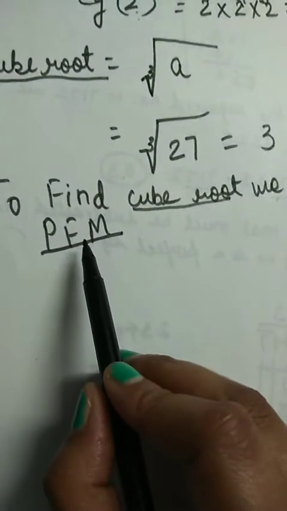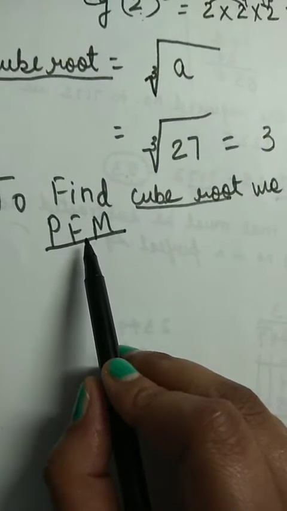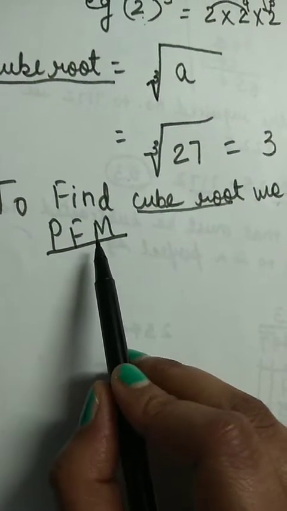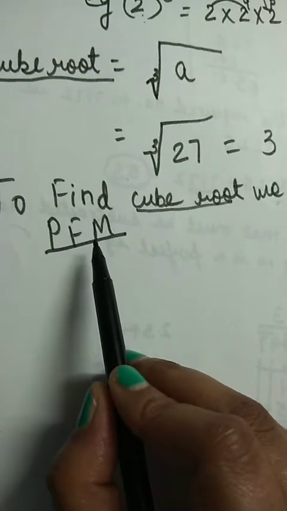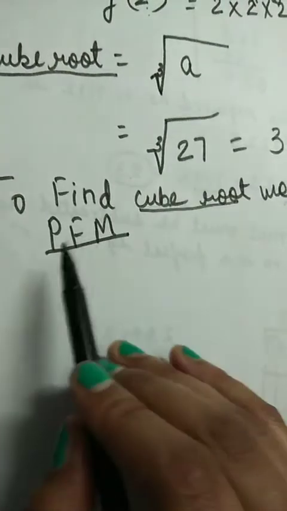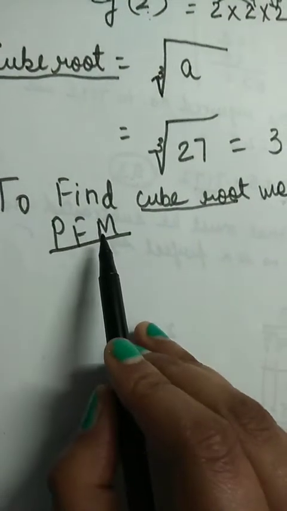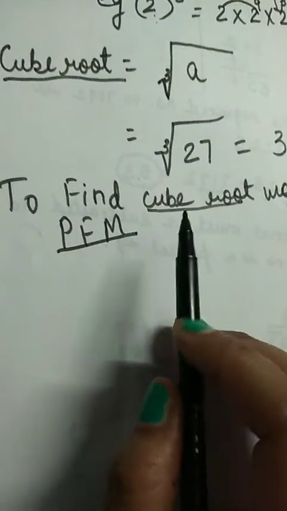There is no other method for cube root. We find cube root only with the PFM method, not with any other method.